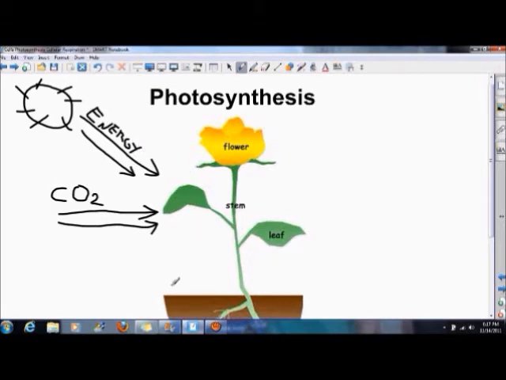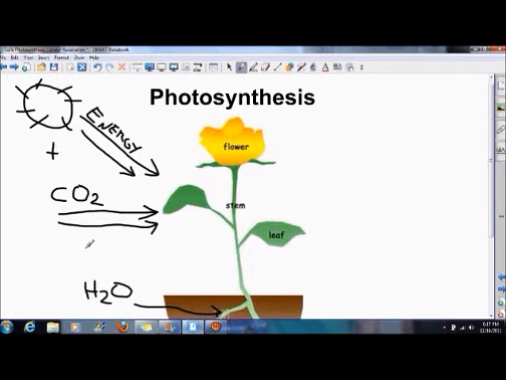And the plant also needs to take in water, which we're going to call H2O. It gets that from the ground, and it should come in through its roots. Now just put some plus signs in between here.